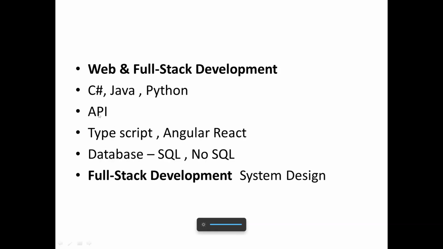Then know APIs, the principles, how an API works and how we write one, and this will form the backend. For the front end, you should have knowledge of TypeScript and Angular or React, one of them. And then definitely you need database knowledge, SQL or NoSQL, with SQL being most preferred. That entirely makes you a full stack developer.